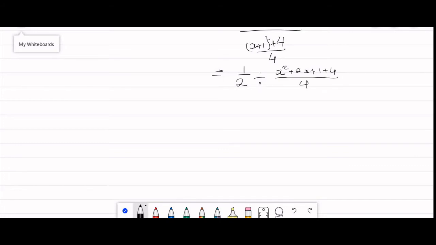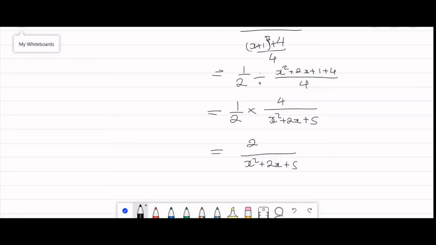Someone will ask, what did we do here? We distributed our square. So now we say 1 over 2 multiplied by the reciprocal, 4 over x squared plus 2x plus 5. Therefore our answer will be 2 over x squared plus 2x plus 5.